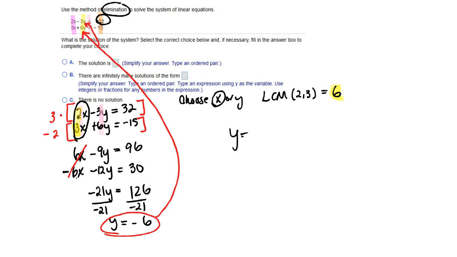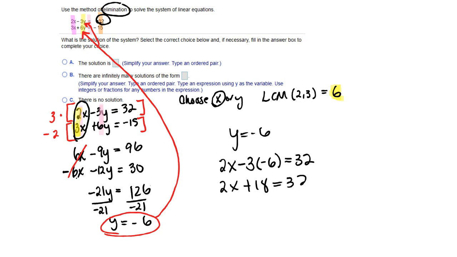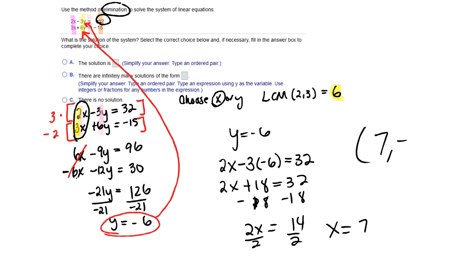So we have y equals -6, 2x minus 3 times y equals 32, 2x plus 18 equals 32, subtract 18 on both sides, gives me 2x equals 14, divide by 2 and get x equals 7. So our solution is (7, -6).